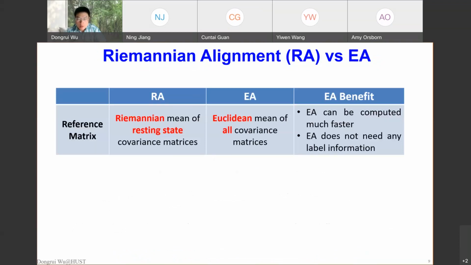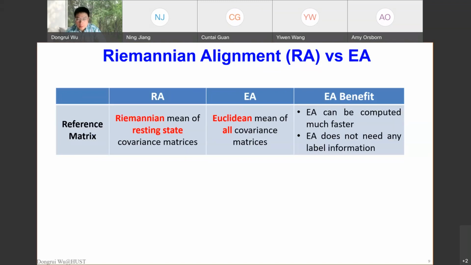Here we compare our proposed Euclidean alignment approach with a Riemannian alignment approach proposed earlier in the literature. First, we compare their reference matrices. In RA, they compute the Riemannian mean of resting state covariance matrices. But in our EA, we compute the Euclidean mean of all covariance matrices. Here, EA has two benefits.